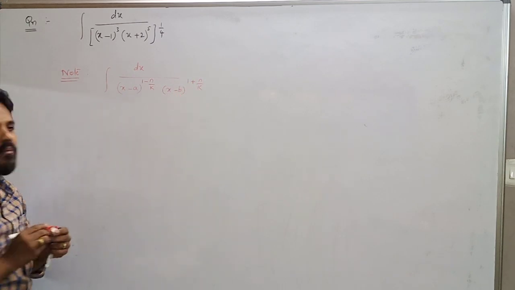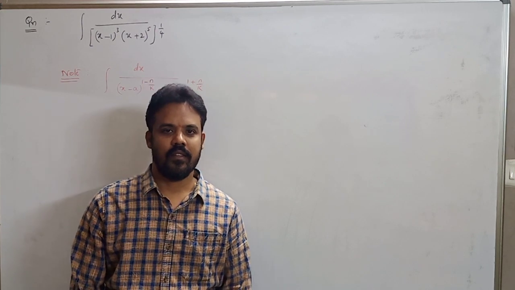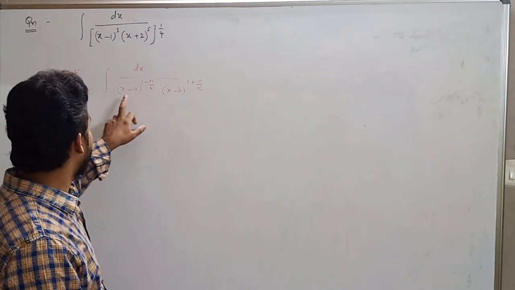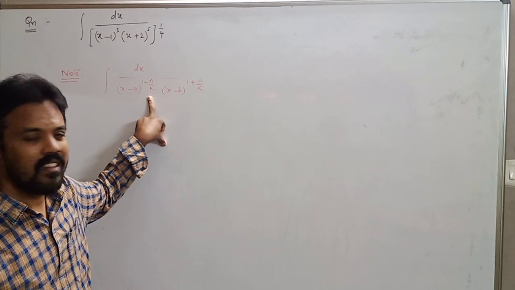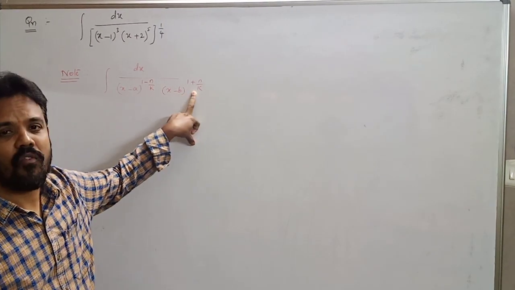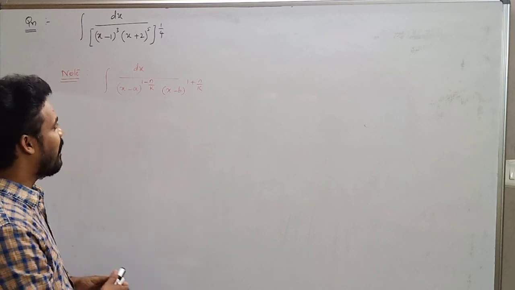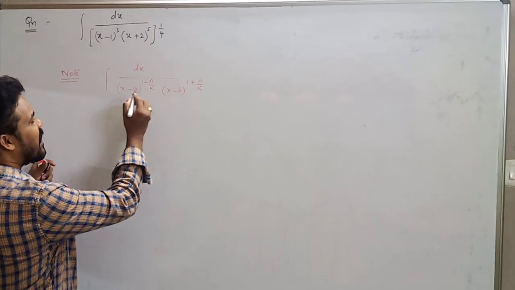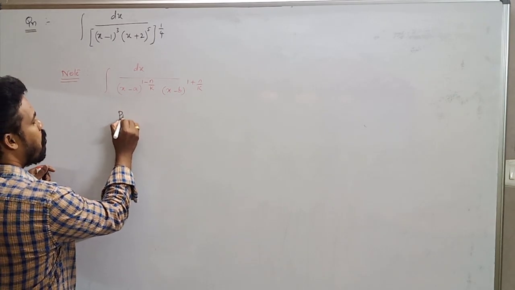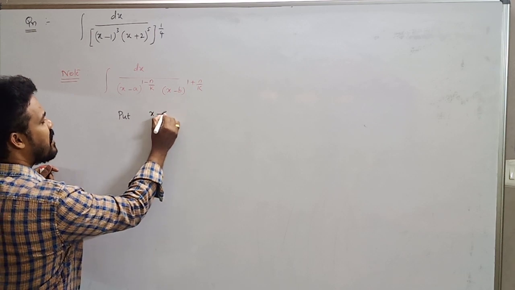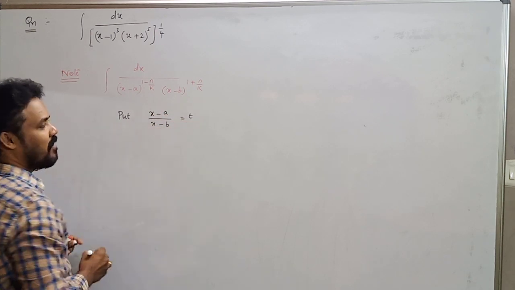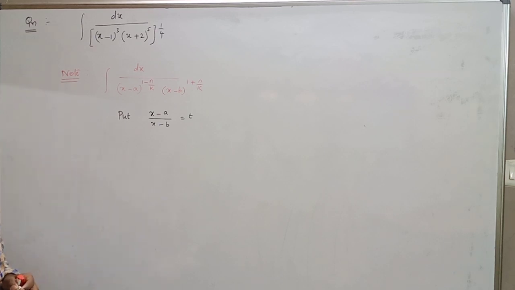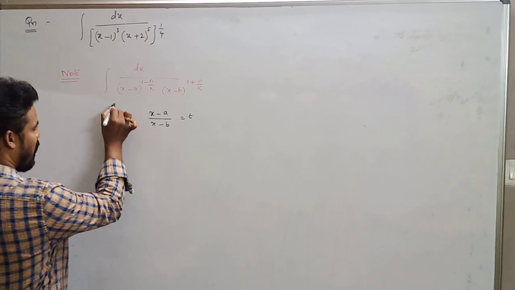If it is of the form like this, then we should get the idea to put (x minus a) by (x minus b) equal to t. This is the one.